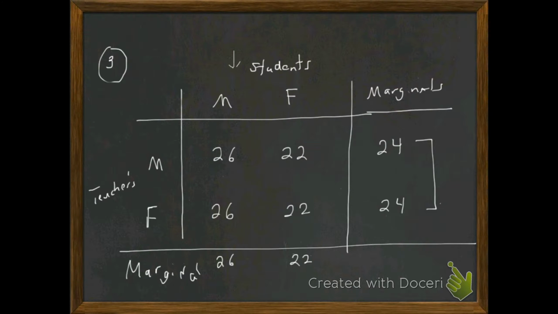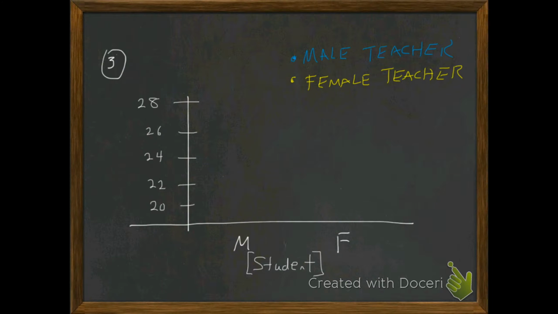But here we have a 4-unit difference across the gender of the student from 26 to 22, so we have a statistically significant main effect for the gender of the student. Now, what's the marginal mean plot going to look like over here? Well, if we come to the blue line, the blue line represents the male teacher, which is going to go from 26 to 22.